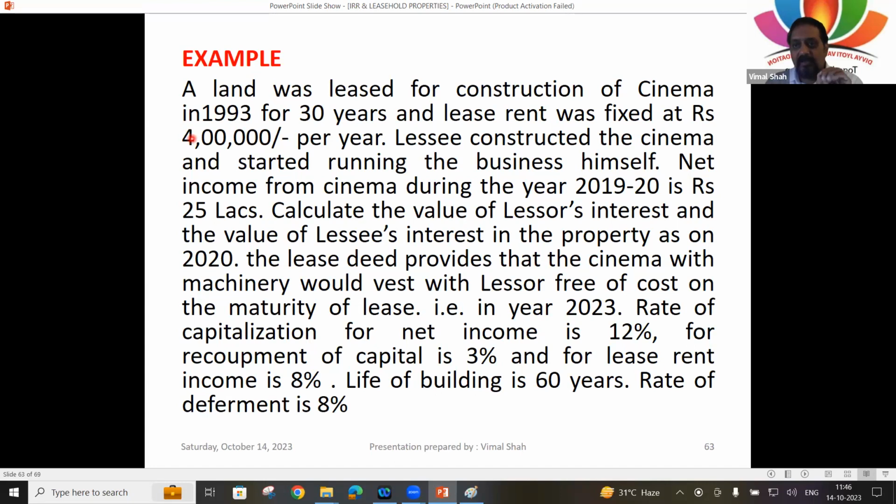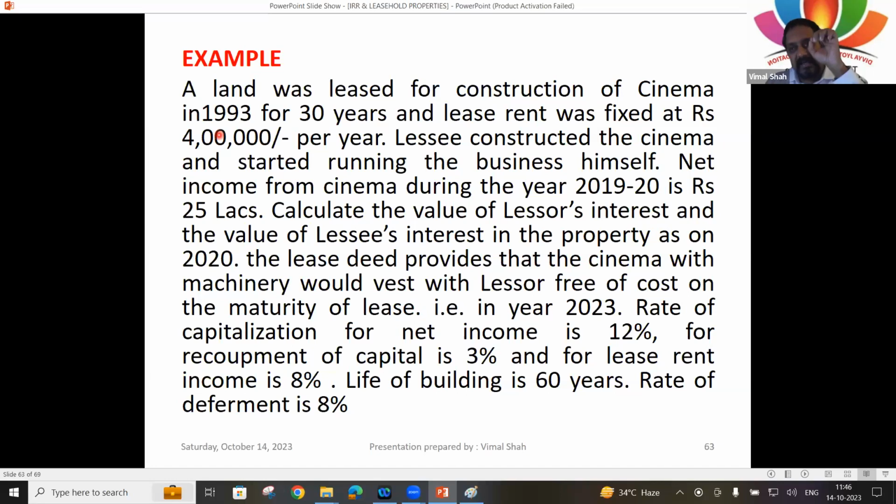Am I right? Yes, sir. Up to 2023, he can get a rental income of 4 lakh per annum. And in 2023, the lessor will get back the cinema with all the machineries and everything. So you can say he can start running the cinema himself.